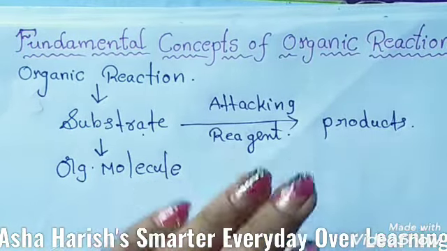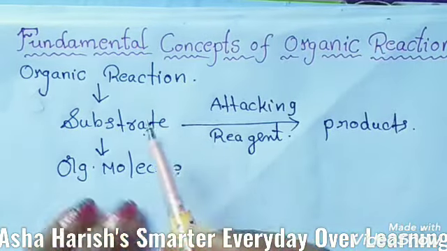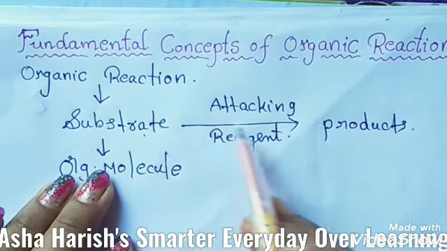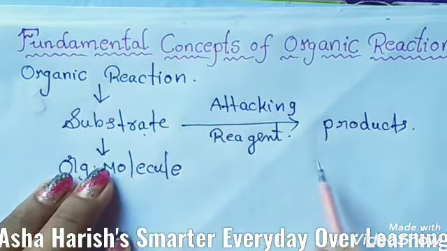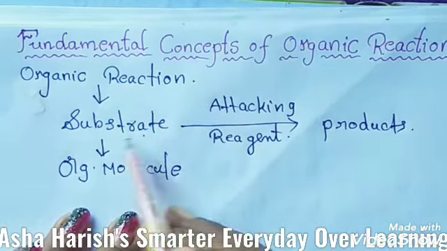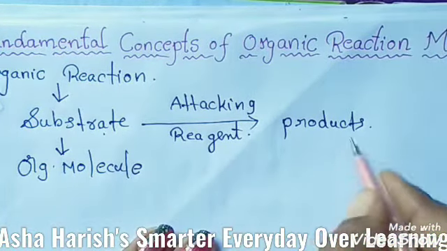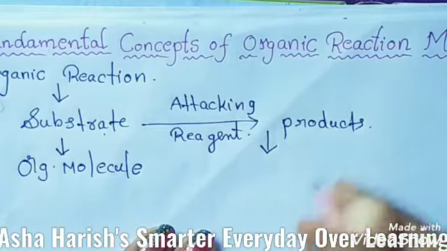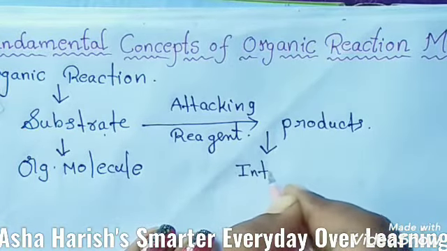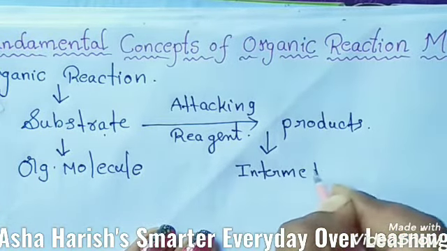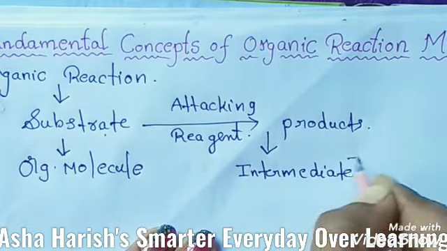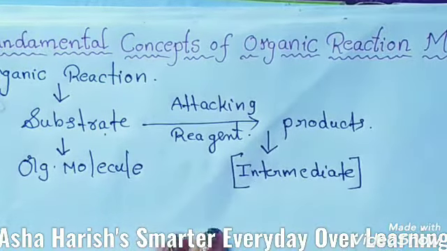The formation of products may occur either directly from the reactants through a transition state, or through the formation of one or more intermediates. In between, there must be a formation of an intermediate.